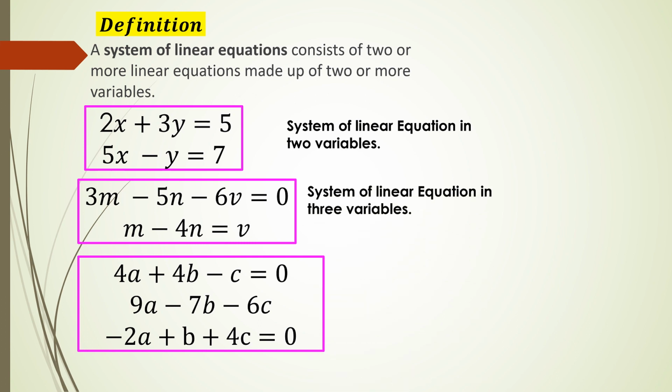While number two, it is a system in three variables, while the third one is a system in three variables. And so far, when we say system, it consists of two or more linear equations. So that's example number three. This is composed of three equations that are linear and made up of three variables.